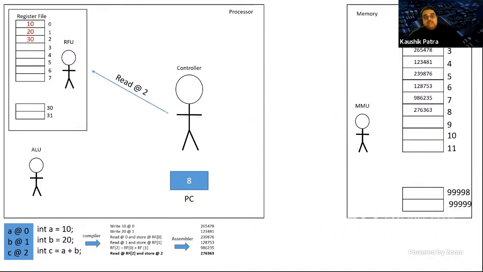So it sends that instruction to the register file, saying, hey, read at 2. The register file sends back that amount, 30, to the controller. The controller sends an instruction to the memory to write 30 at 2. The memory unit writes it. The PC is updated to 9. And we are at the end of this program.